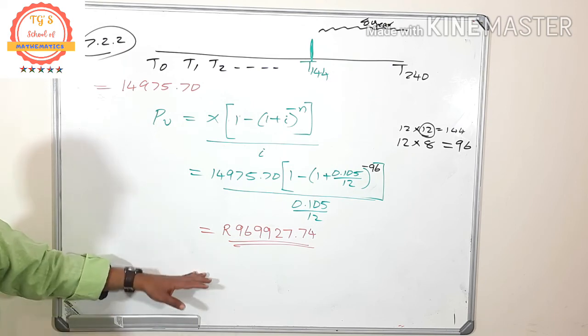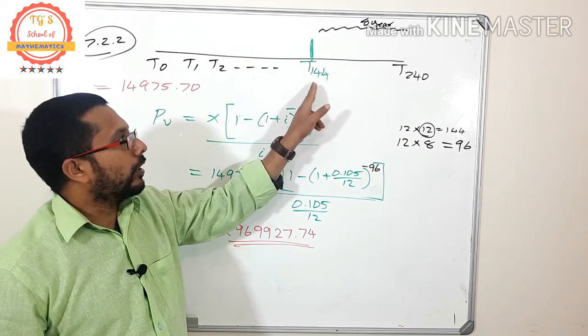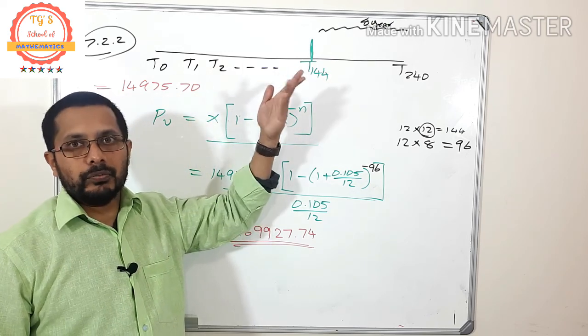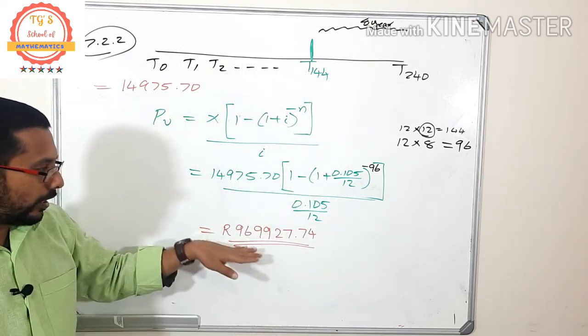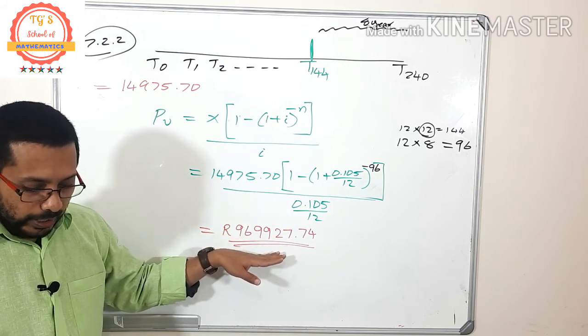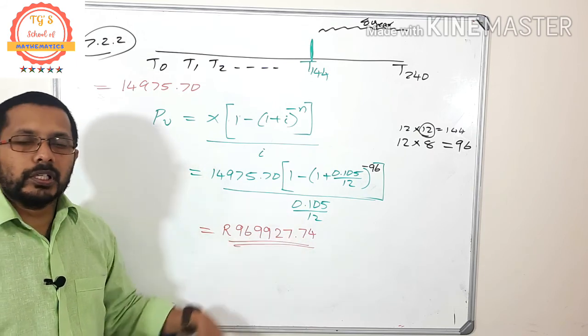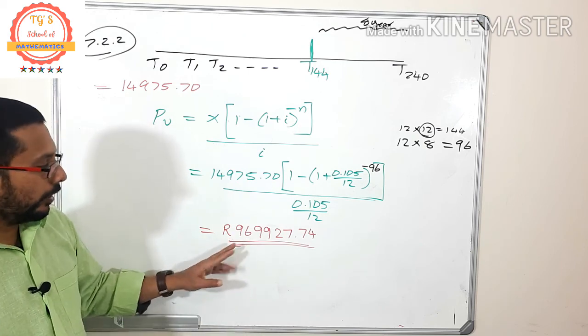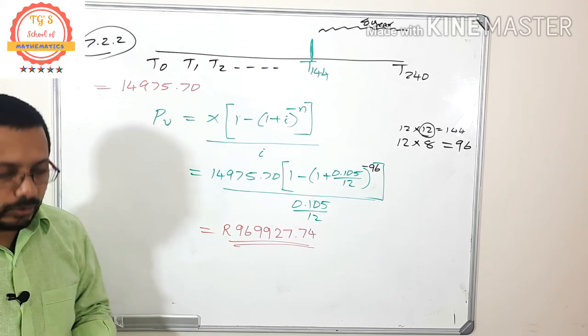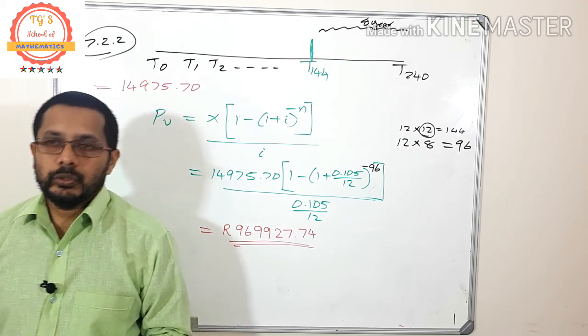That means immediately after 144 months, how much is in his account? What's the question? Outstanding balance immediately after 144 months. That is the outstanding balance, this one. Okay, that is question number 7.2.2.